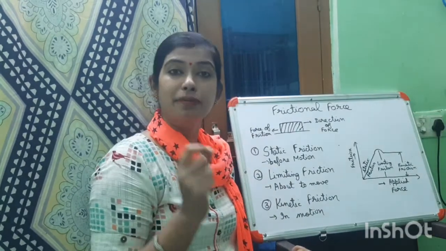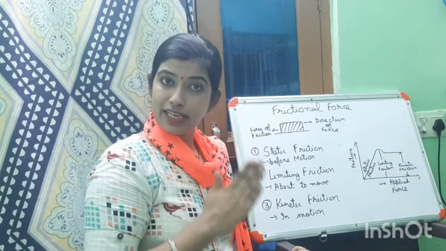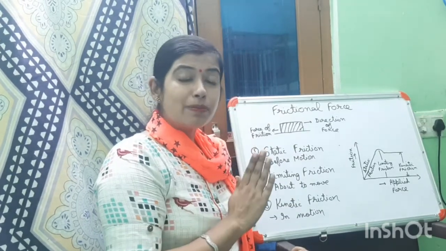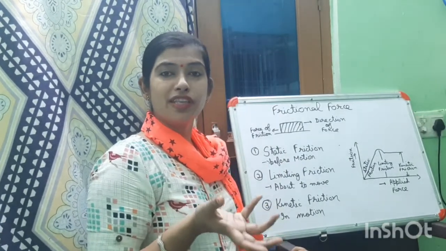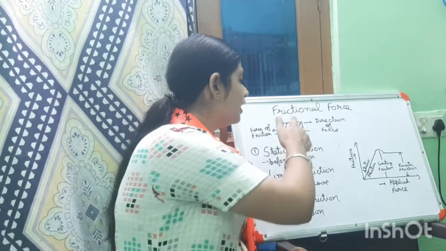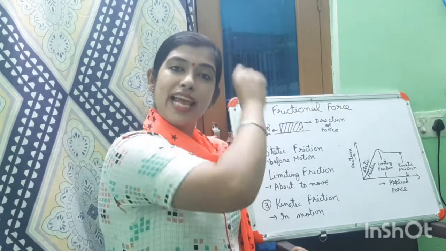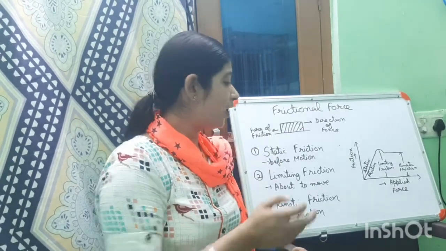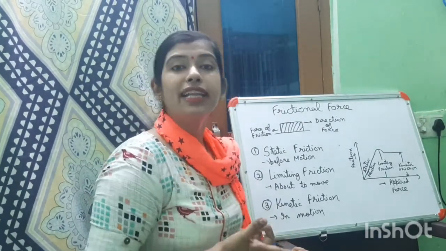And next we have limiting friction. Limiting friction is the maximum value of the static friction after which the block will start to move. So as I have explained, if we take that the maximum frictional force between these two surfaces, which we need to overcome for this block to move on this horizontal surface, is 20 Newton, then the value of static friction here will be less than 20 Newton, the value of limiting friction will be 20 Newton and the kinetic friction will be greater than 20 Newton.